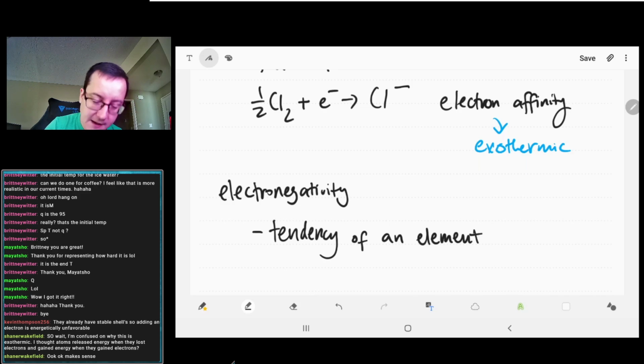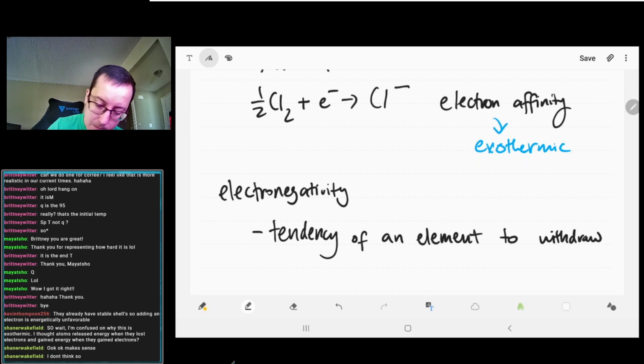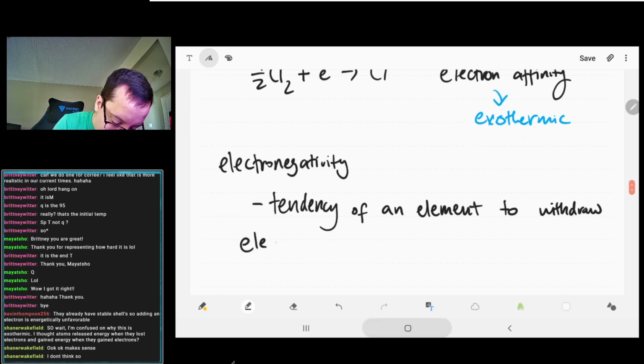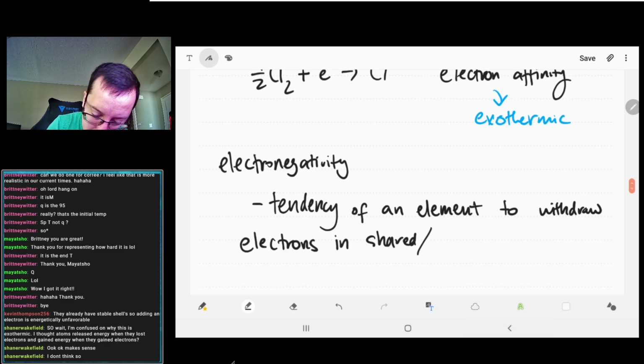If not, it's the tendency of an element to... it's related to covalent bonds.